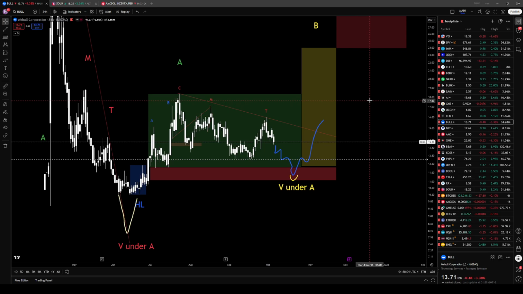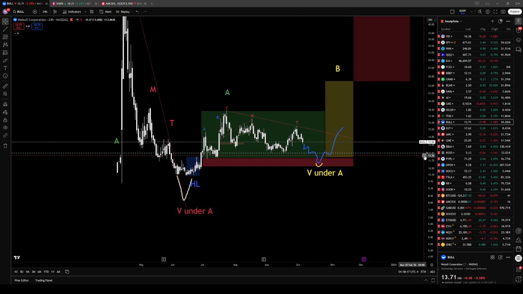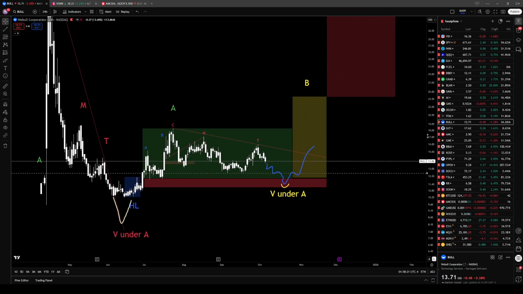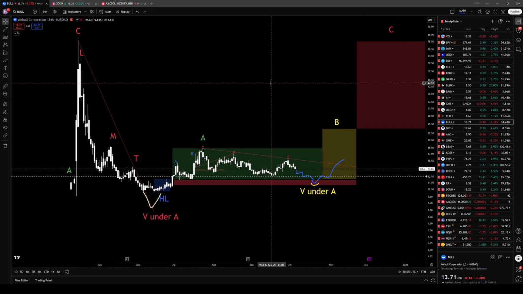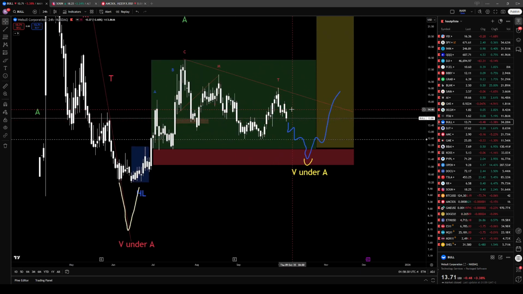Time-wise, I still think that we have a good chance to get our B peak till January. Yeah. But still risky. Always. I mean, in this case, I wouldn't go into a position in any way.